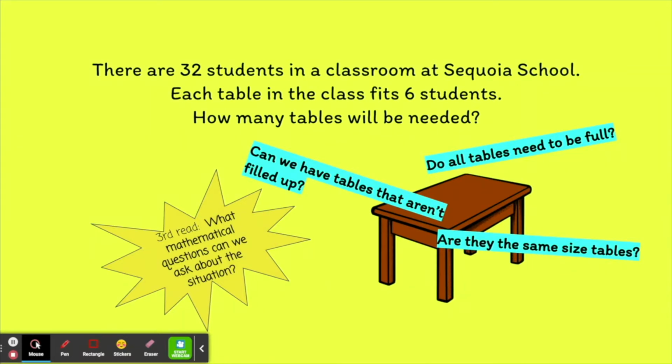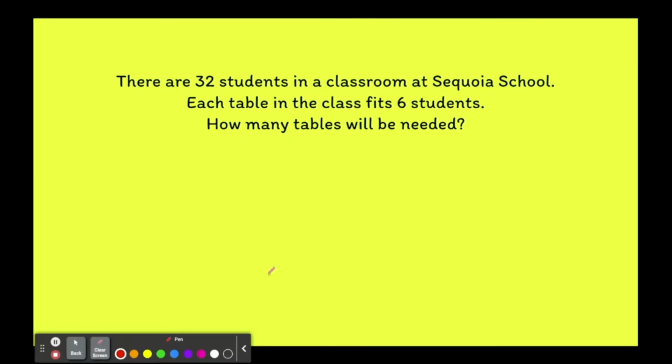All right, so now let's actually go into solving the problem. What type of problem are we going to have here? Well, we know that we have 32 students and we need to fit 6 students at each table. So we're going to have a division problem here.